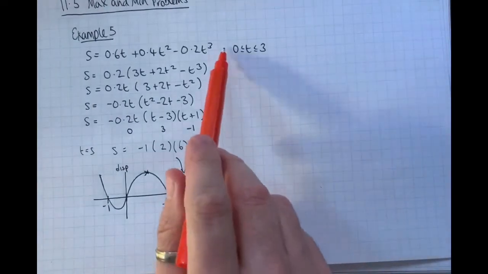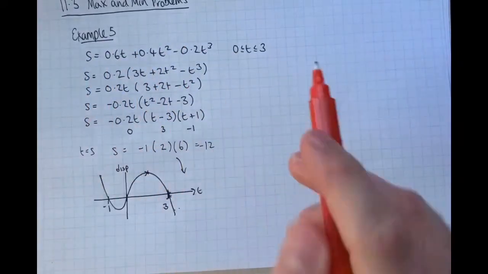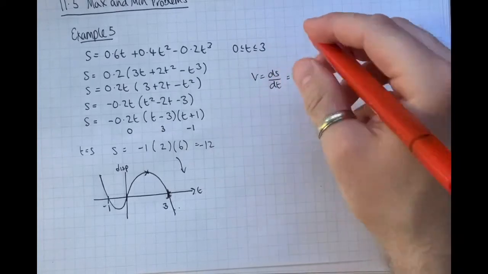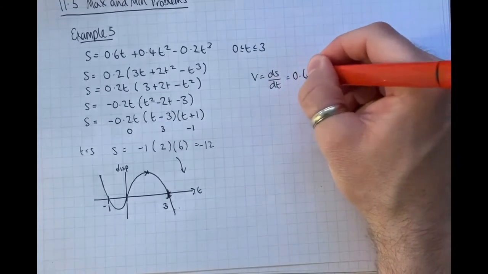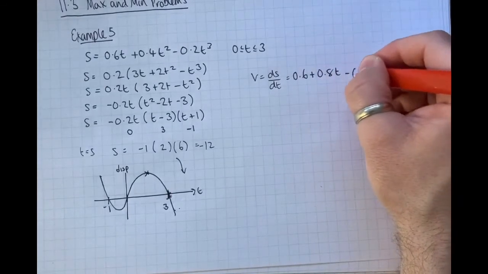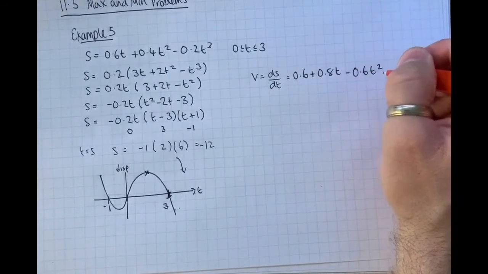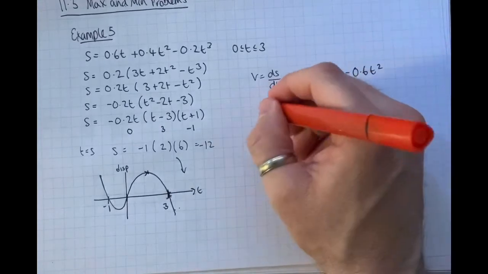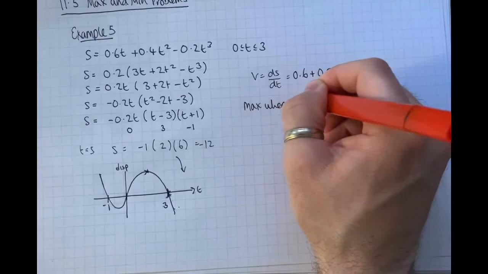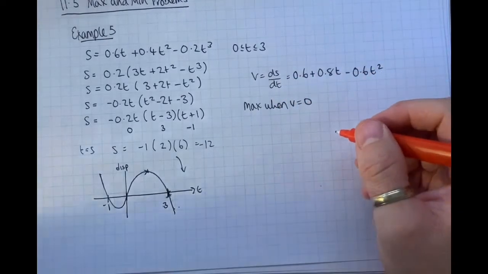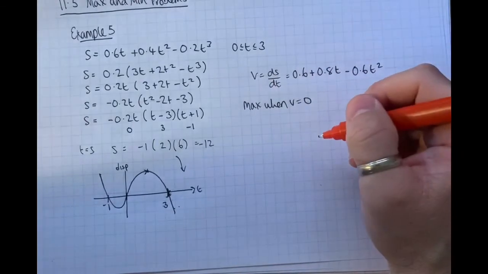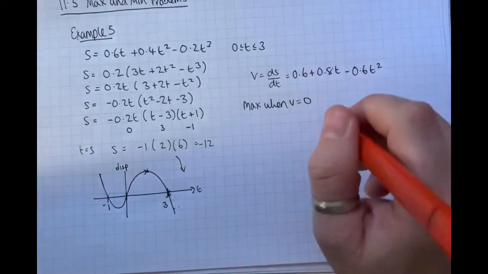Well, how do we find the velocity? We differentiate the displacement. So velocity is ds/dt. That's going to be 0.6 plus 0.8t minus 0.6t squared. And we want the max when v equals 0, or ds/dt equals 0. So you get a stationary point when you differentiate and put it equal to 0. You'll have done that before in core, I presume.